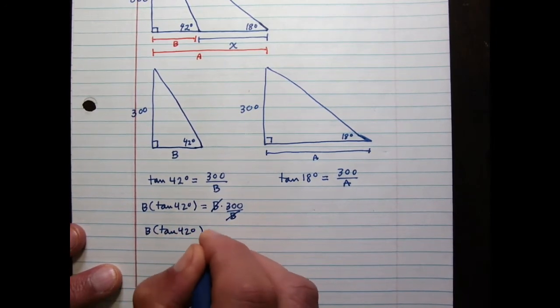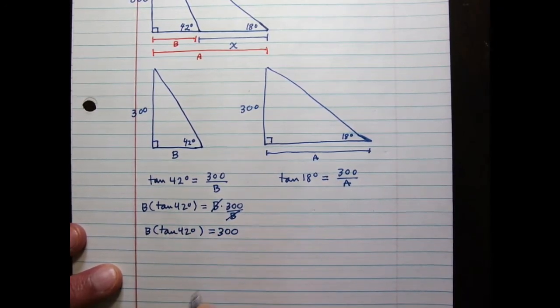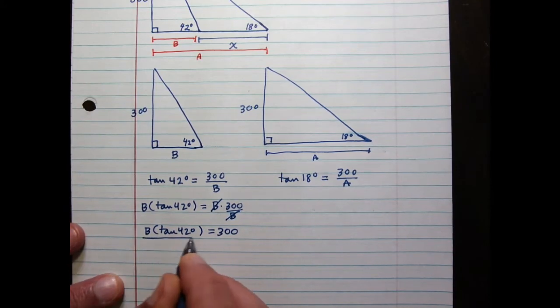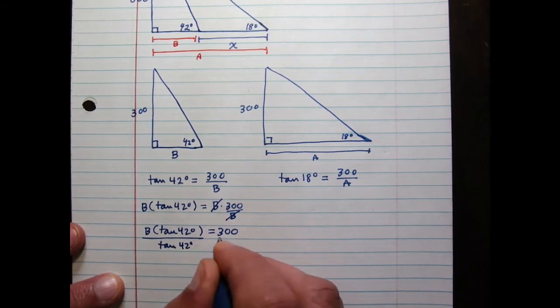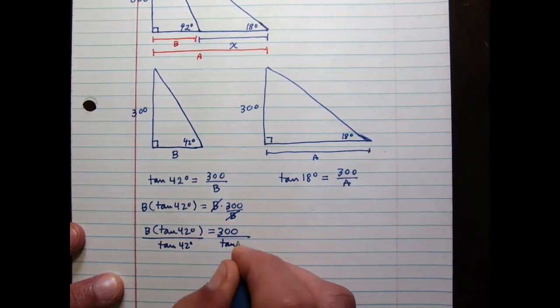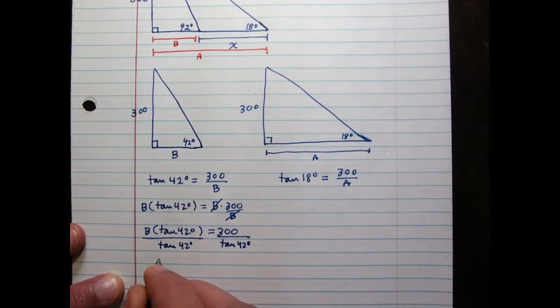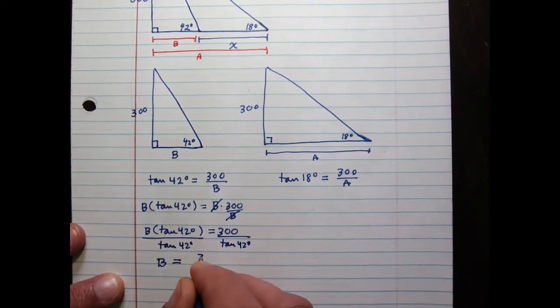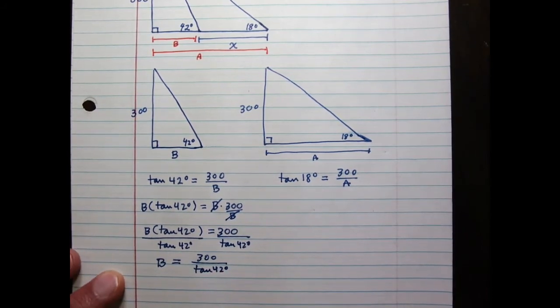B tangent 42 degrees is 300. And now I can divide both sides by tangent 42 degrees to get B isolated. B is equal to 300 over tangent 42 degrees.